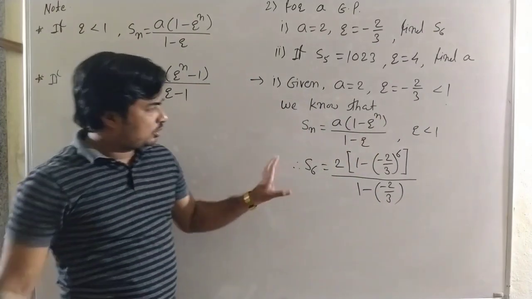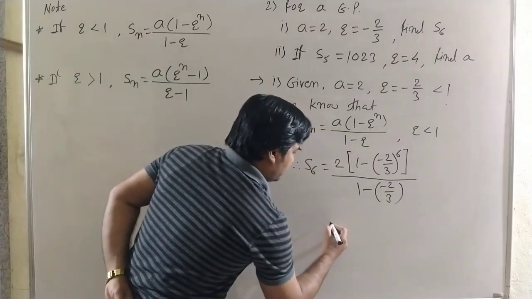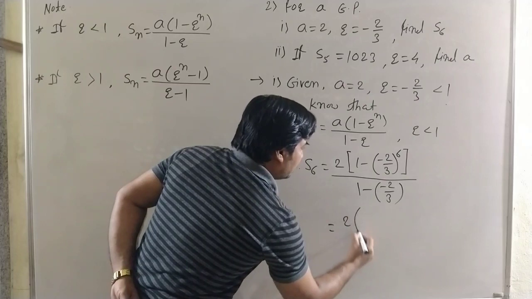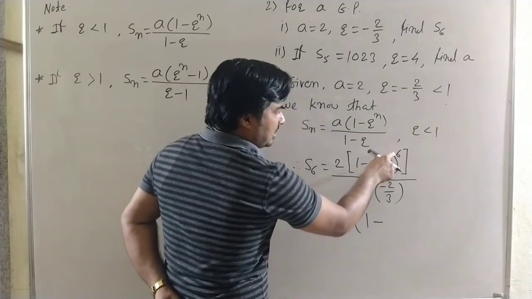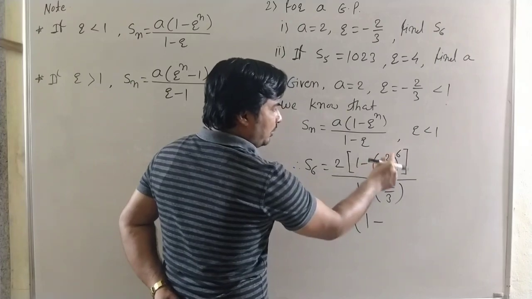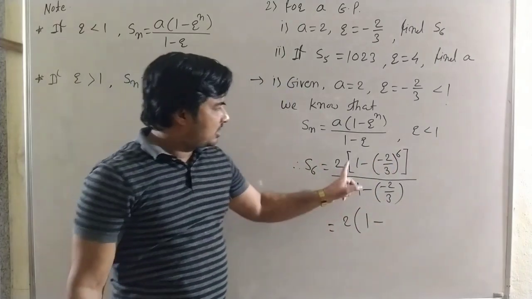Okay, here we put all the values. Now we take the calculations. Here it is 2 into 1 minus, minus 2 by 3 to the power 6. That is an even power, so this term will be plus, so 1 minus as it is.